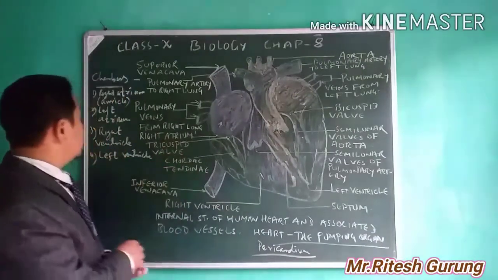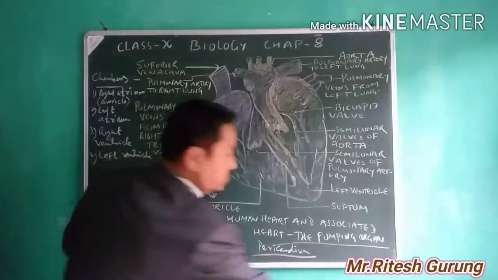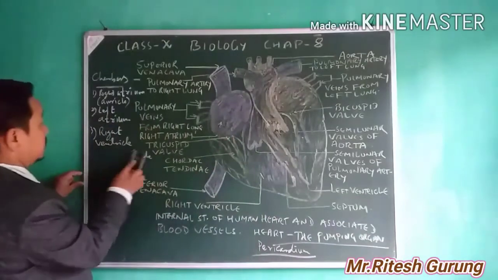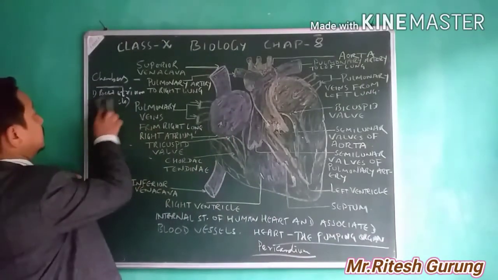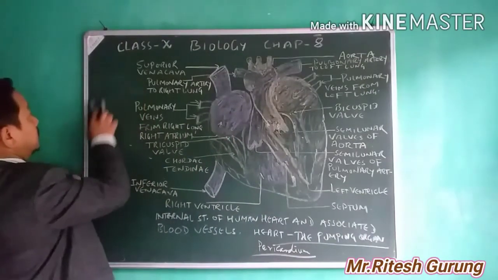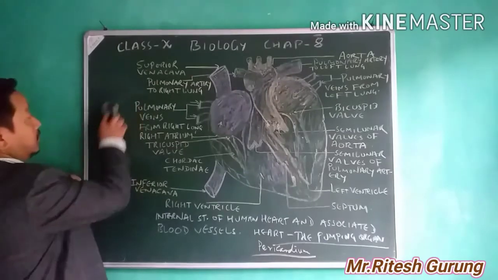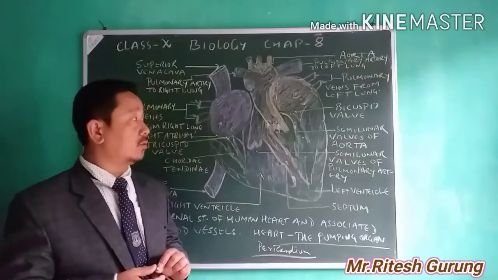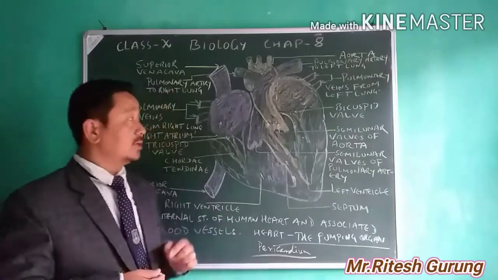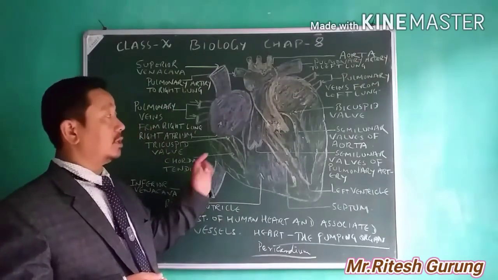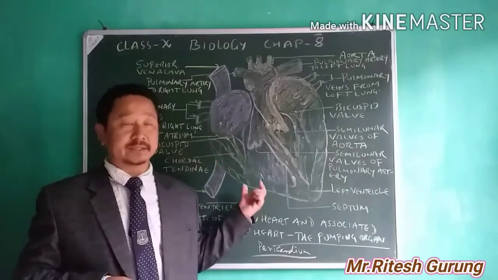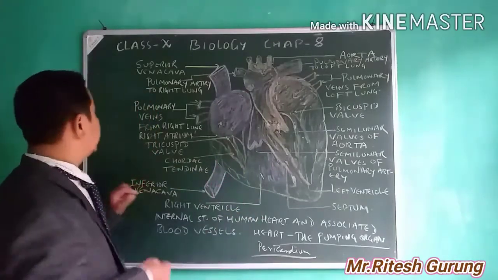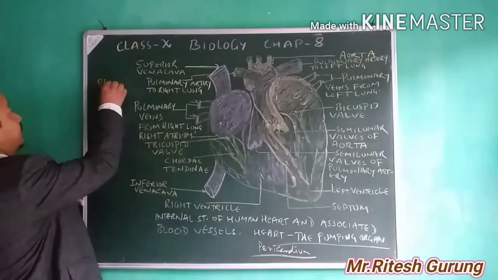Alright, now the other one is your valves. From this discussion, what you have understood is that there are different kinds of blood vessels.